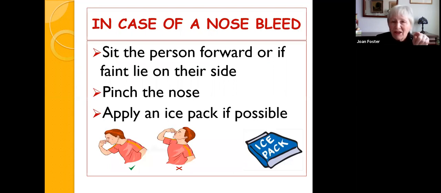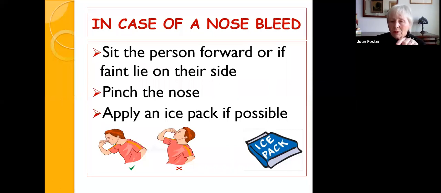Now, if the person has a nosebleed, the worst thing you can do is to put their head back or lie them flat, because the blood will go down the back of their throat and into their stomach. And blood is great unless it's where it doesn't belong.